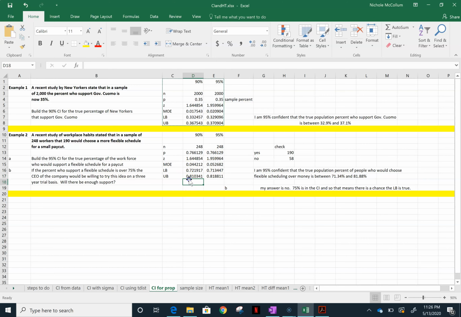And if you follow my process, my code as you would call it, you could build a 99 and a 95 within seconds. Just break out your Excel. You need N and P, and well, that's it, N and P, because Z is given if you want 90 or 95. These are just given now. Margin of error, lower bound and upper bound, if you write the formula right, you never have to do it again.